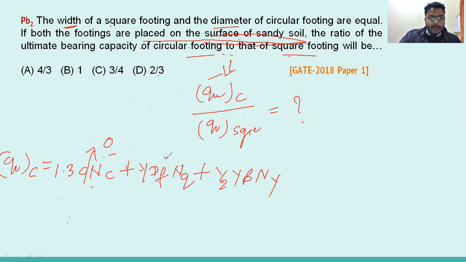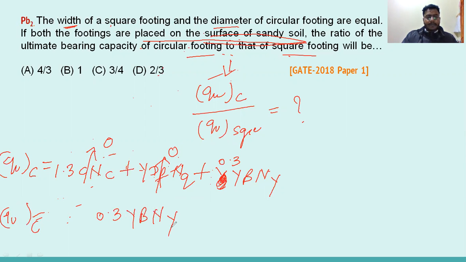Resting on the surface means Df is equal to 0, so this will be 0. So directly, we get the ultimate bearing capacity for circular as 0.3 gamma B N gamma.